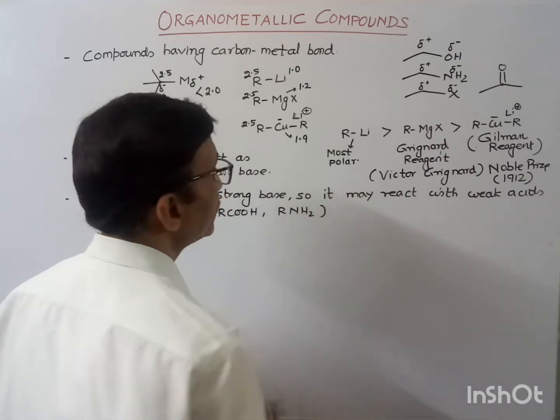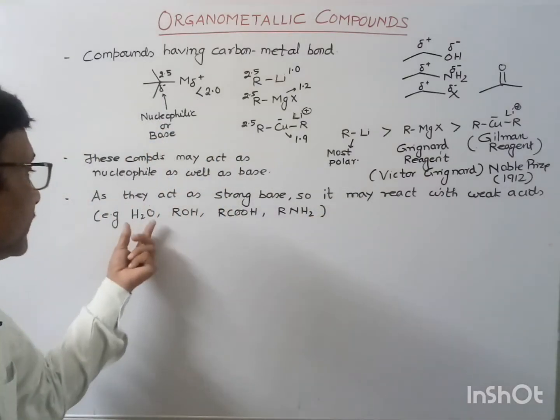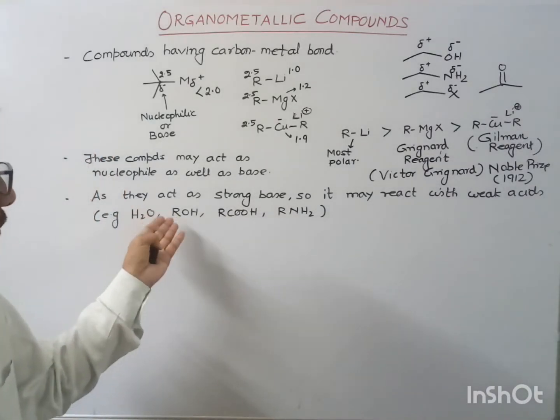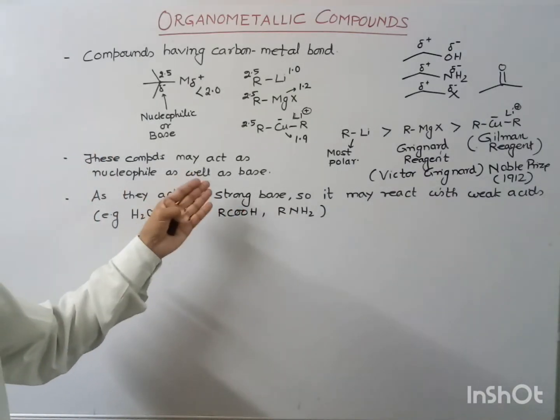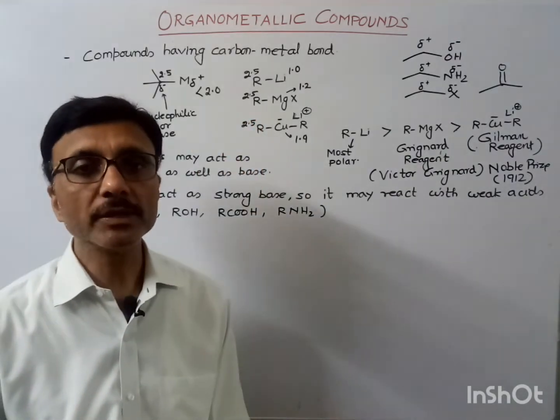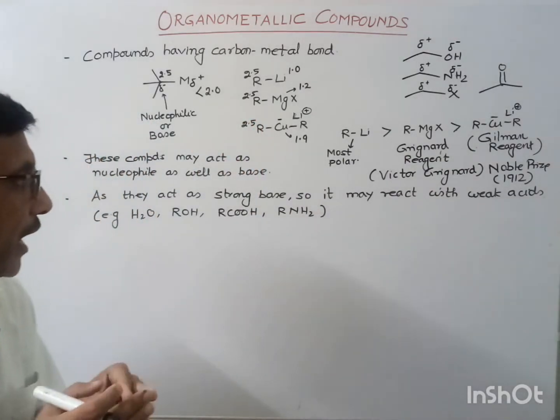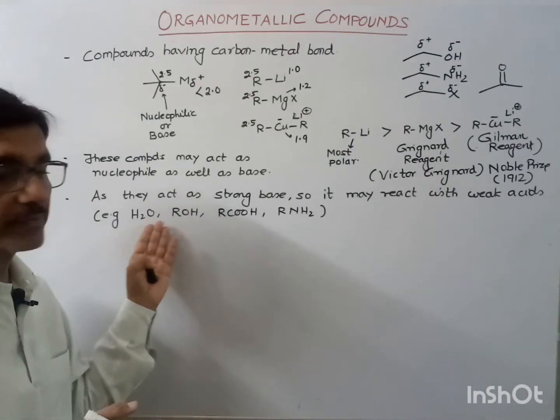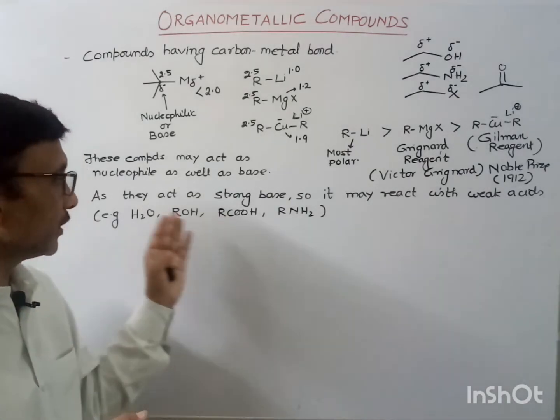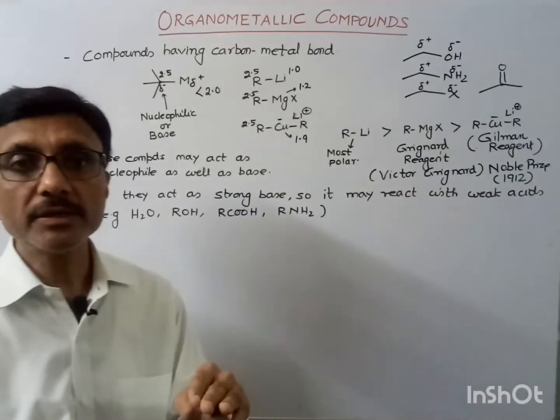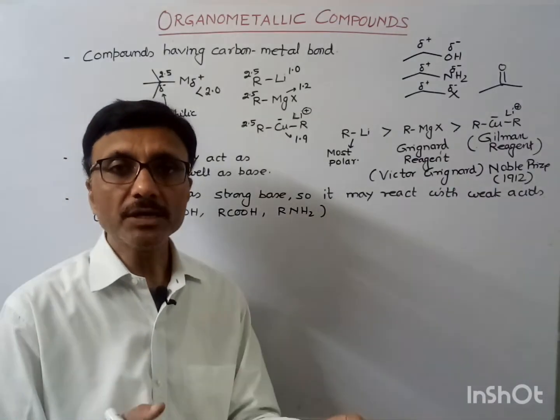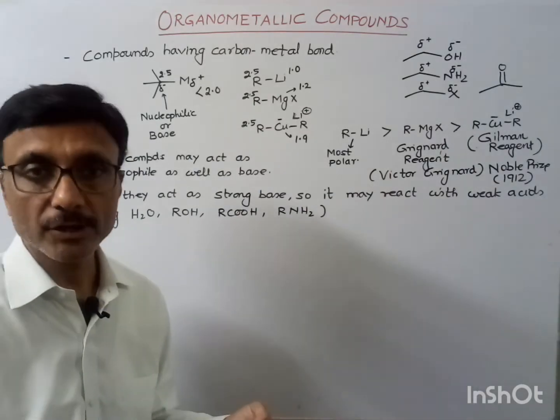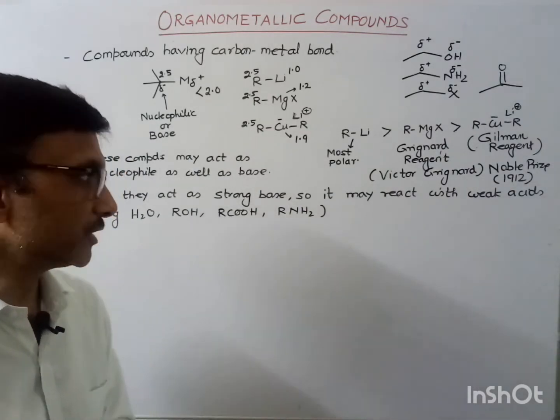If you see, these weak acids contain an acidic hydrogen atom, which means they react with the Grignard reagent or organolithium compound, and it can react with any solvent having a replaceable, acidic hydrogen atom.